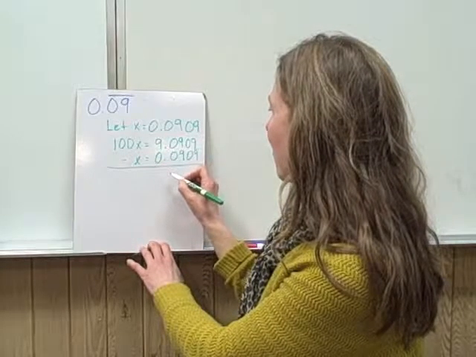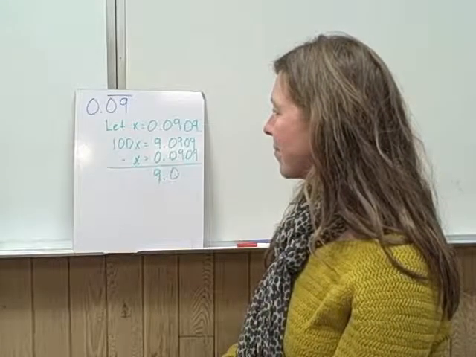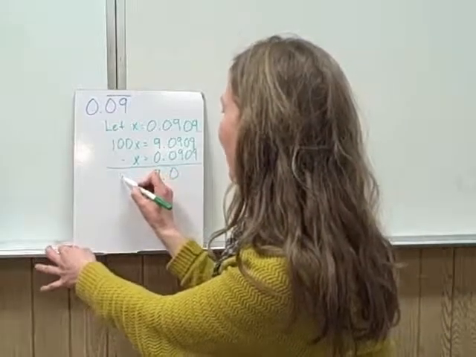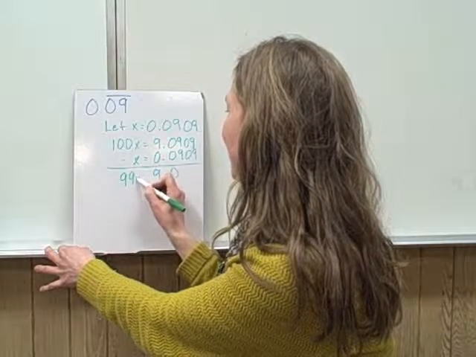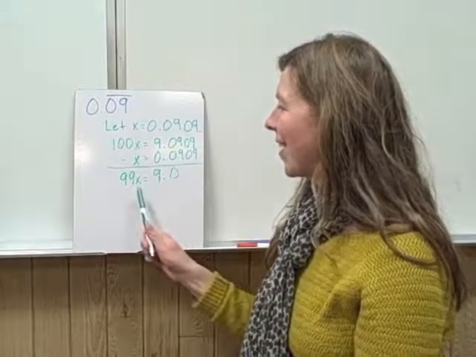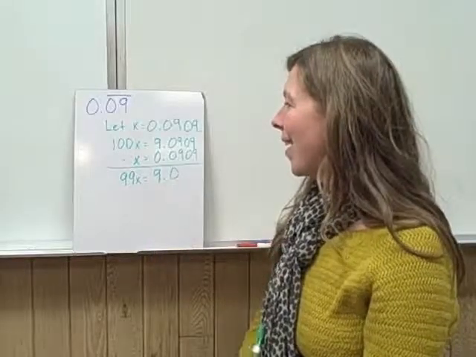Okay, so I think that's what I really wanted to show you. So now we get 9. Is that right? Yes, that is right. And so now we get 99x on this side, right? So now you're solving for x. 99x equals 9.